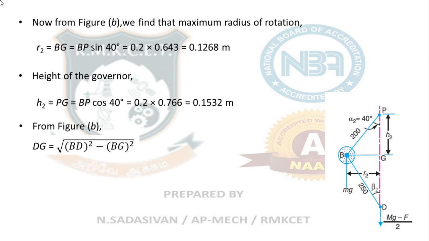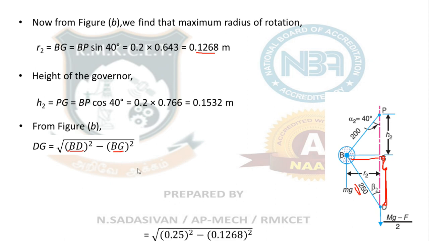So from figure B, I am finding out the beta 2 value now. This length I am finding out, this is 250 and this is the radius of the governor, which you have found out as 0.1268. So it's 0.25 and 0.1268. If you substitute in this Pythagoras theorem formula, you will get the third side. Using that, you can go for tan beta.